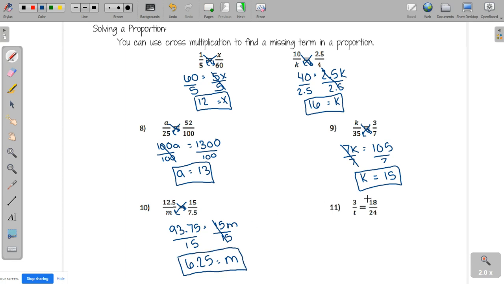The last one here, let's cross multiply. 6 times 24, that's 72. 18 times t is 18t. Divide both sides by 18. Cancels. T equals, if we divide 72 by 18, we get 4.